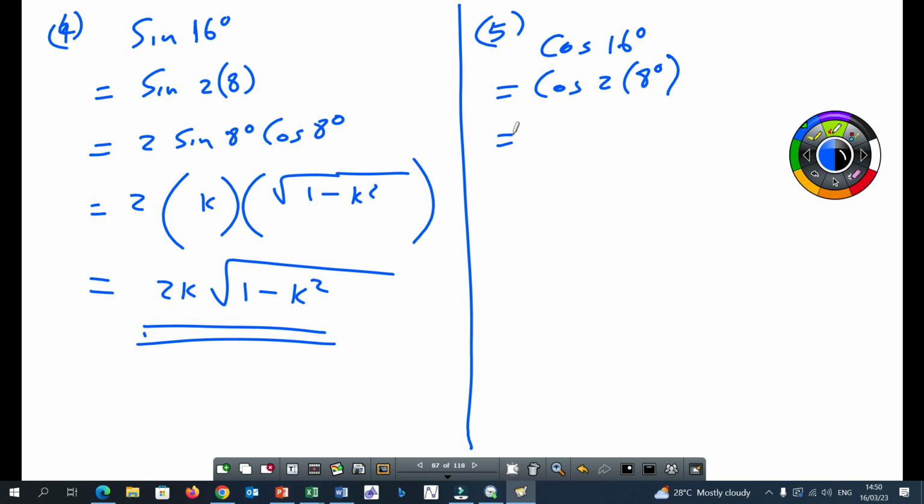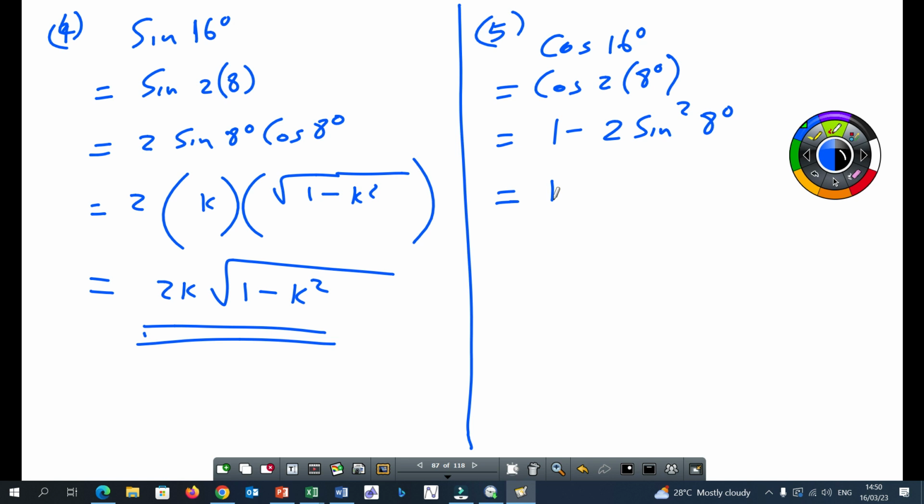You can use any one of the 3, and any one will give you the same answer. But it's better to work with one trigonometric ratio. In this case, I'll choose number 3, because I know that sine 8 degrees is k. So that will be 1 minus 2 sine squared 8 degrees.